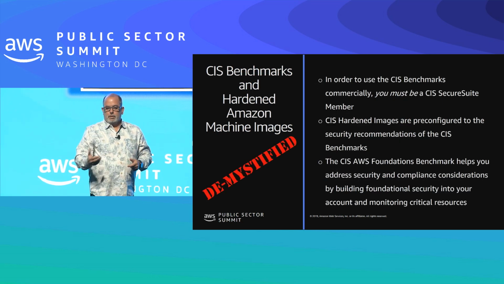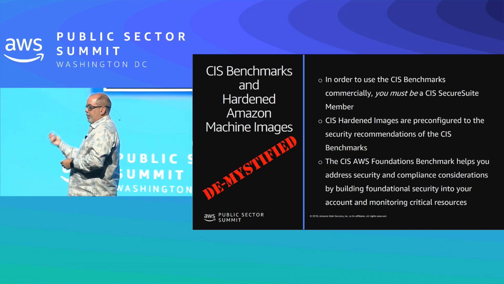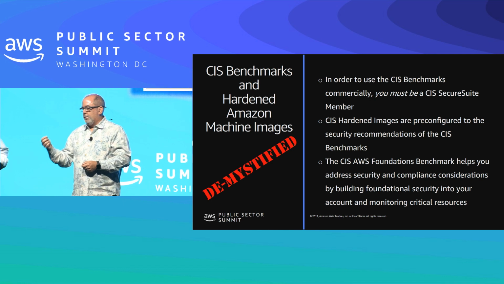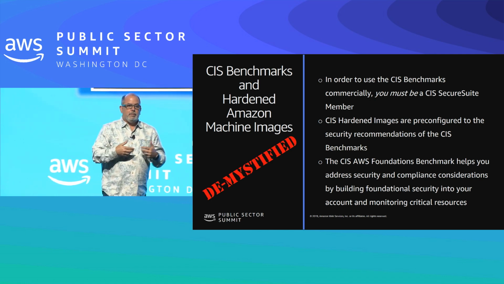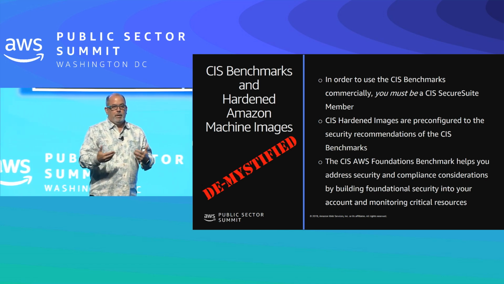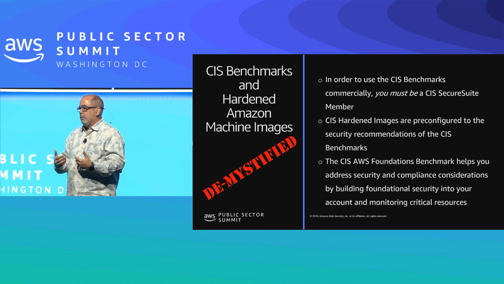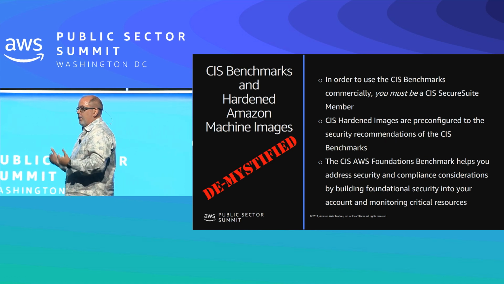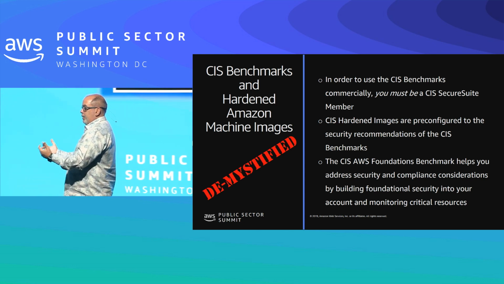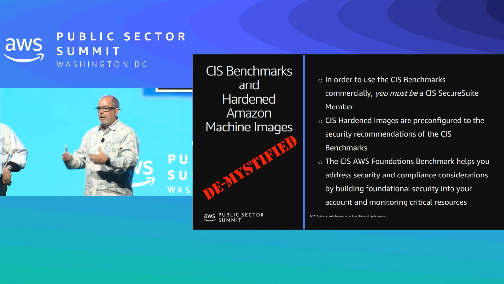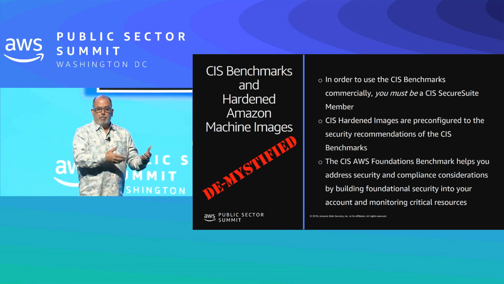This is just giving you the ways to make sure that you're compliant with their standards. CIS has a SecureSuite program, and you can join it. The reason we know some of these myths is because we've broken some of these rules ourselves. For our AWS Inspector service, we had to become a CIS SecureSuite member, and make sure we had the right memberships for the right operating systems.